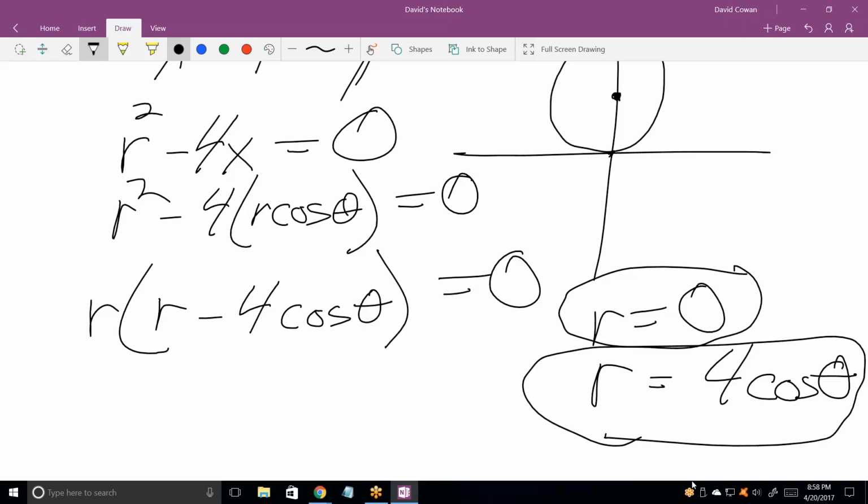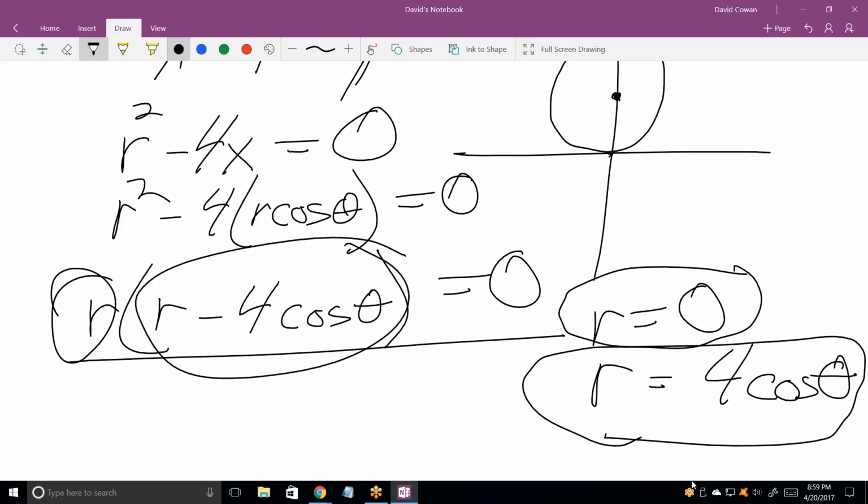But if the circle's not at the origin, like this one, then I've got to go through this process over here and solve for r. Solve it just like a quadratic. You factor it, and then either r is 0 or that's 0. And once you set that equal to 0, it gives you the equation you're looking for. Okay.